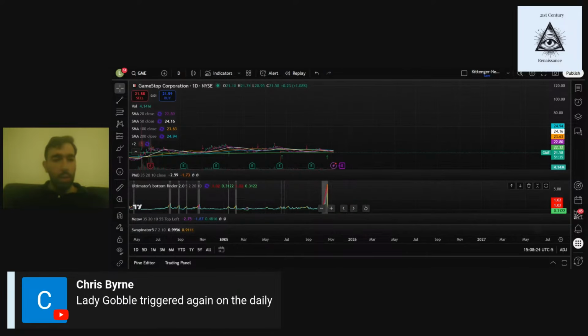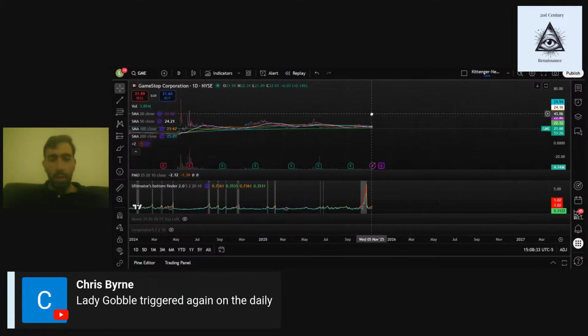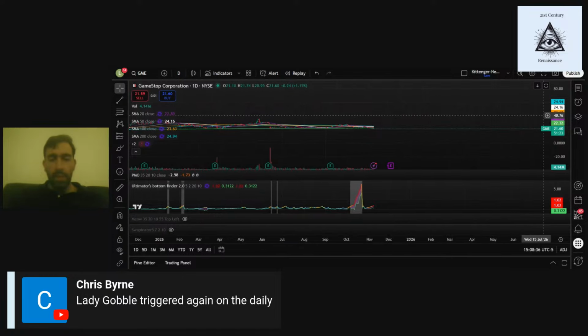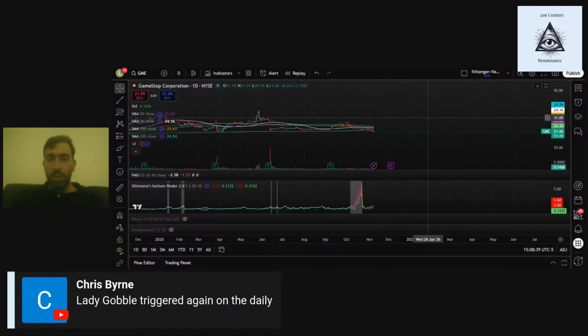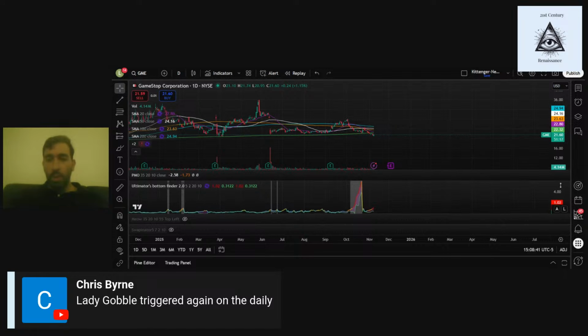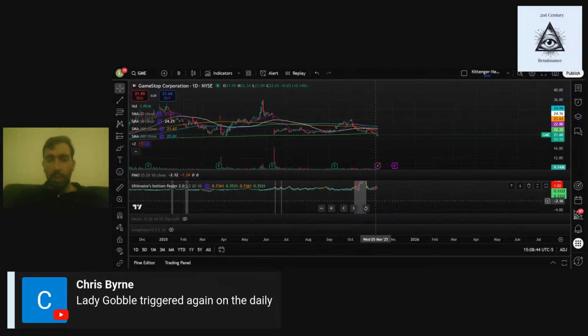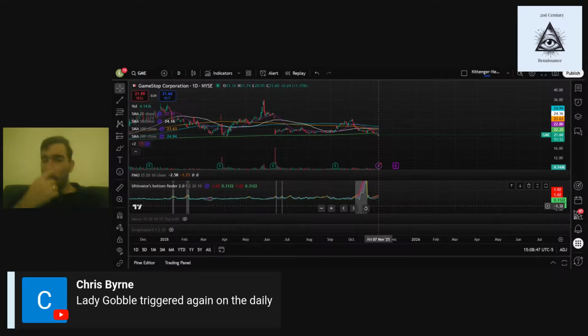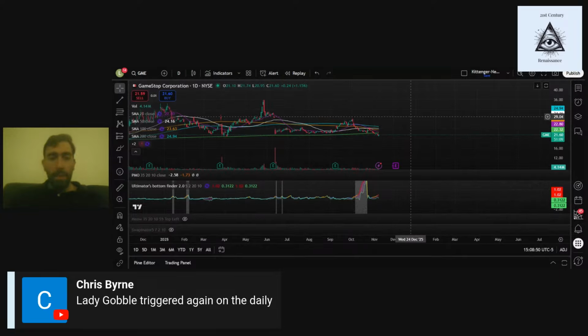Yeah, it is red, so it's doing its thing, but we don't have the flash yet. Pretty cool to see those back to back. Nice little strongish finish, kind of setting up here. Green day's not a bad look.